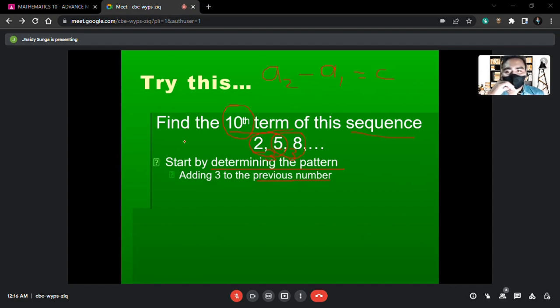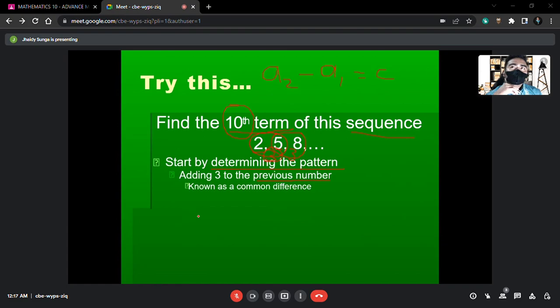So aside from this adding 3, it is known as the common difference. As we continue to get this kind of pattern, and as we know how to get the common difference, we could now easily find the 10th term.